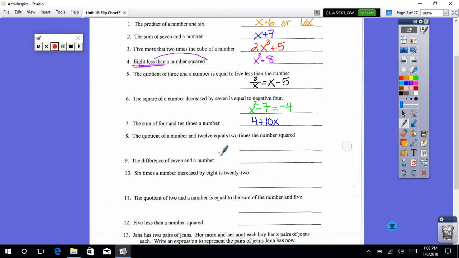The quotient of a number and 12. Okay, so the quotient of a number and 12 is equal to 2 times the number squared. The difference of 7 and a number.